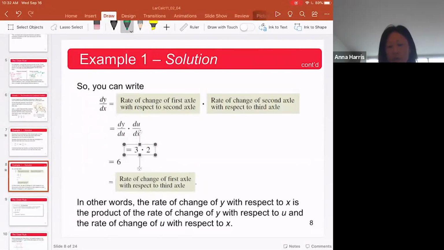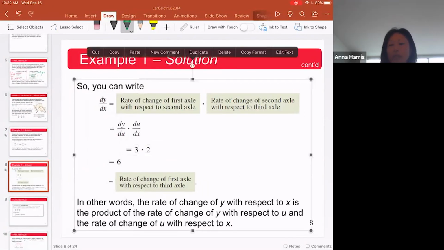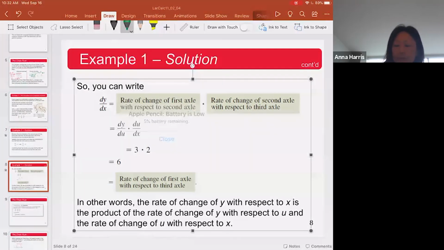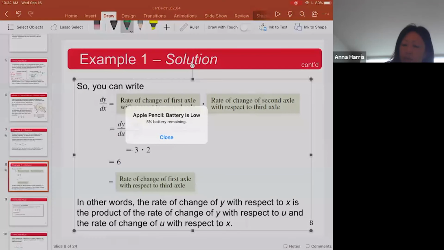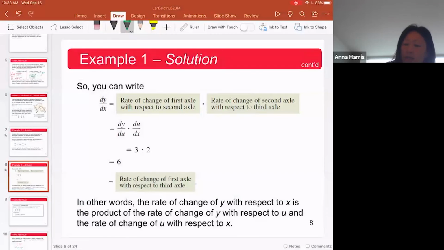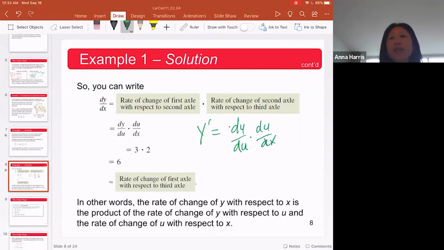So this is what they're calling dy/du times du/dx. They were saying, if I have a y prime, I can call it what? dy/du times du/dx. That's what they're talking about.